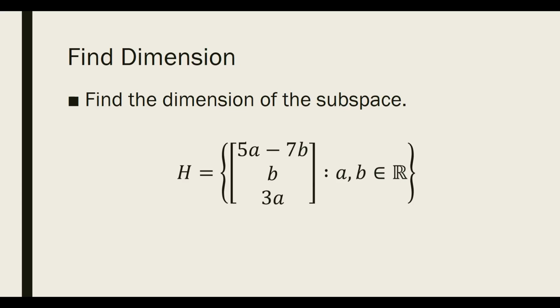Nothing big there. So how are we going to find the dimension of that subspace? I want you to push pause on the video and try to find the dimension by coming up with a basis for this subspace.